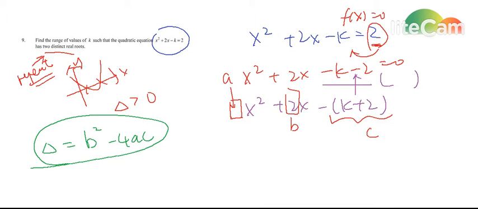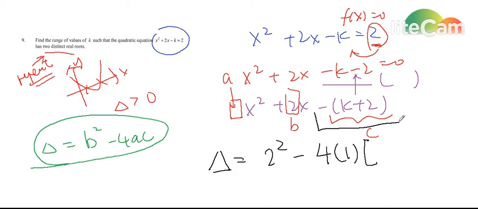So here we have the delta equals to b squared minus 4ac. So the b is 2, squared, minus 4. A here, 1x, so that it is 1. And then we have the c. C is the whole constant value, so it is negative k plus 2, this one.